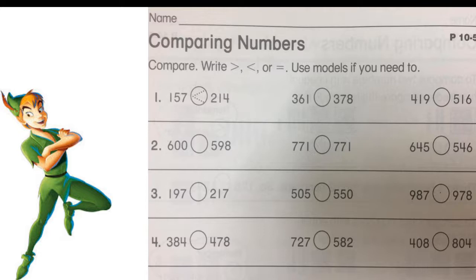When you finish completing this page, your mom will play the video again and you can see if you have the correct answers. You will check the answers. You can also use the red pen like the teachers do, okay? So, one more time, I want you to stop the video and work on this page alone. You need to compare using these marks. Please stop the video now and work alone.